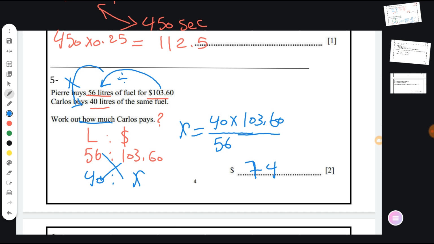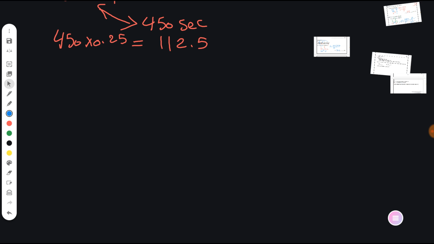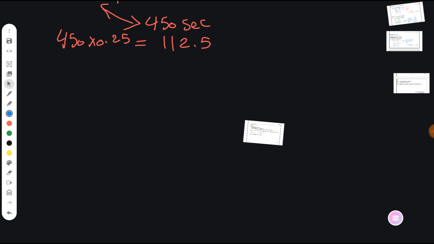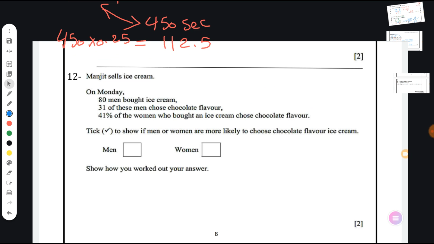Another question from paper 2. Manjit sells ice cream. On Monday, 80 men bought ice cream. 31 of them chose chocolate flavor. 41% of the women who bought ice cream chose chocolate flavor.